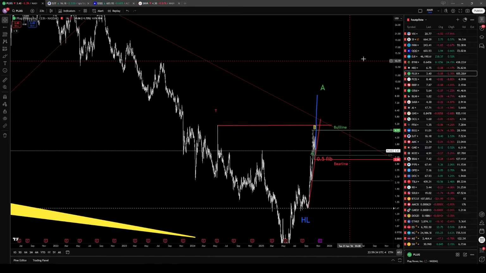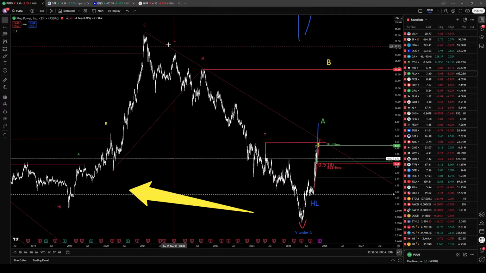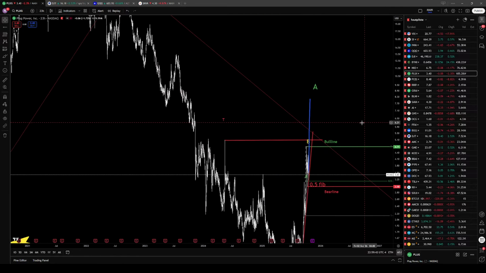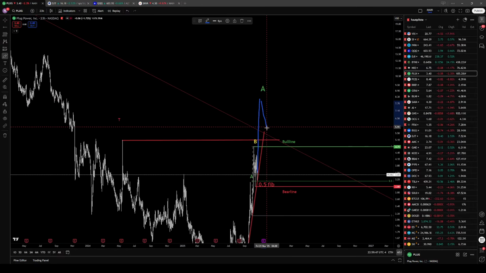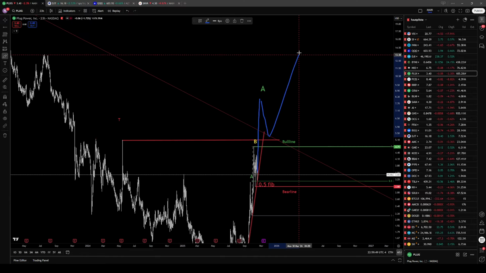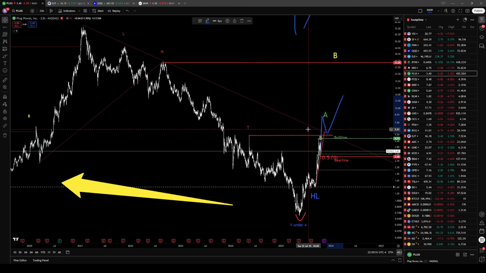This would be the breakout of this multi-year trend line since 2021. We would break out, that would be our A peak. We do a pullback, that would also be the retest. And then we go, our B peak target would be at $31.